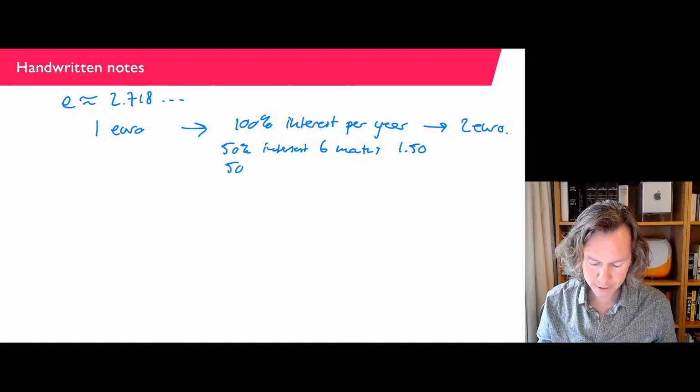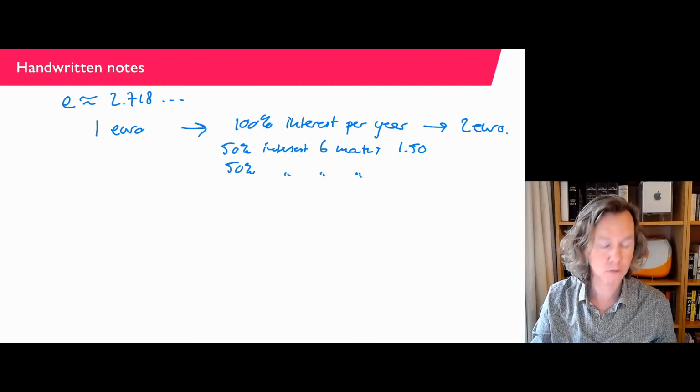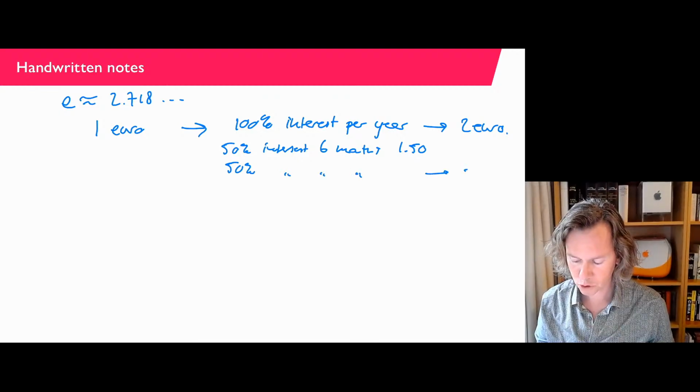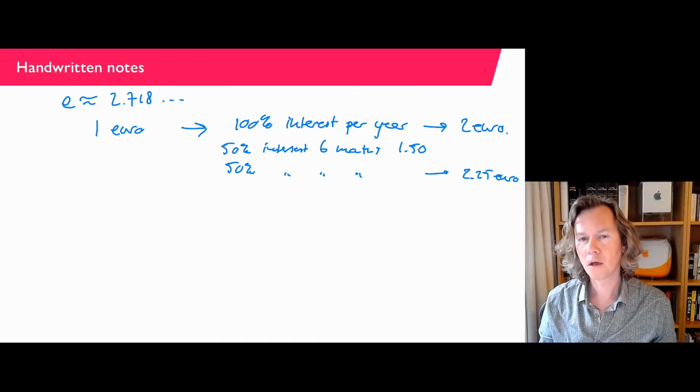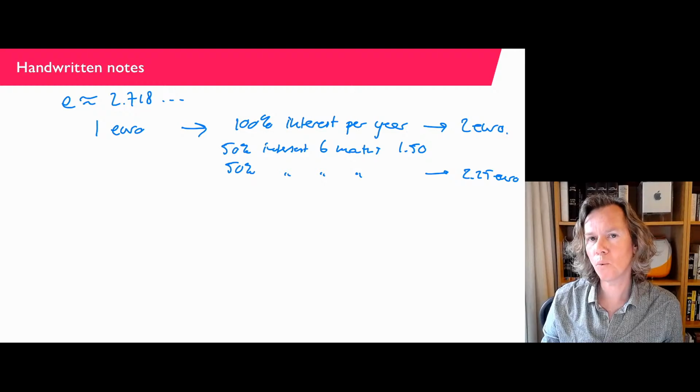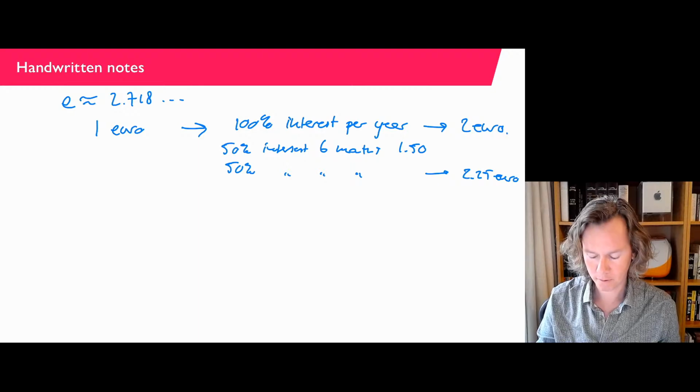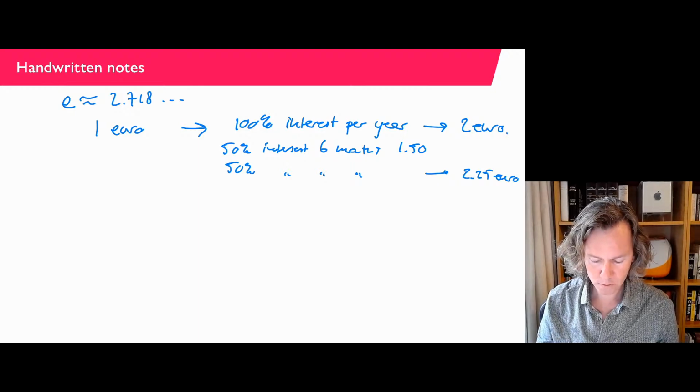And then you get another additional 50% interest after an additional 6 months. So then you would get €2.25. And you can repeat that. Say that we are not going to pay interest per half year, but per month. So this is option 1, this is option 2, and option 3 would be that you get 1/12 interest per month.